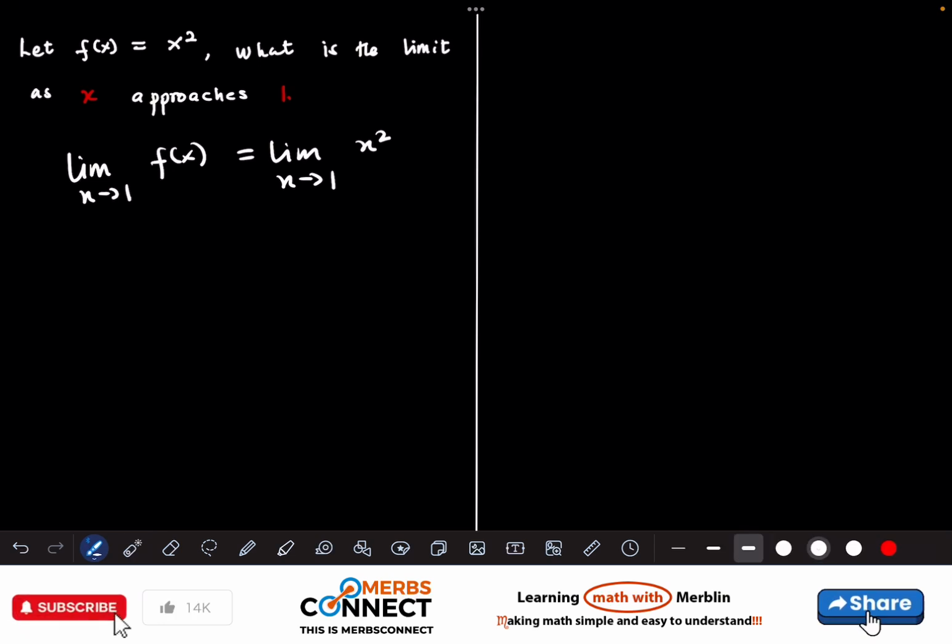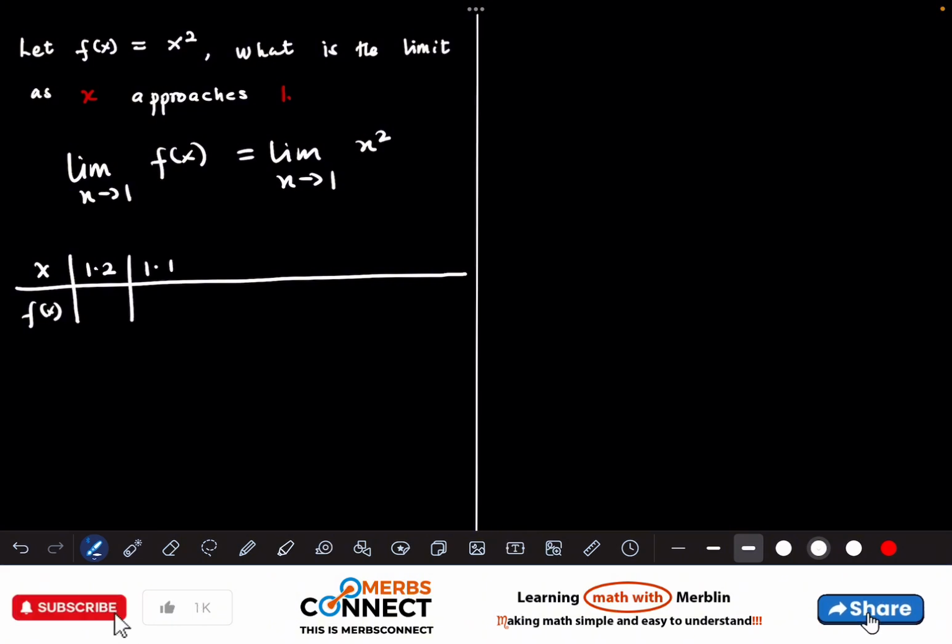Then we examine the behavior. Let's set up a table with x and f of x. The first point we can pick is 1.2. Let me pick another point like 1.1, another like 1.01, and another like 1.001.